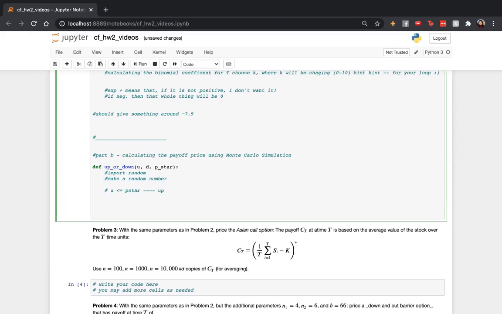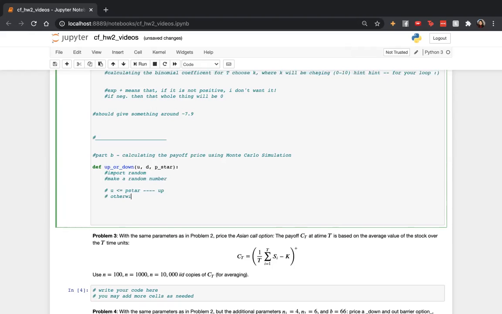There's a more in-depth explanation about this in the videos, and you should watch the videos, all of them, because I think they're very necessary for understanding this. But basically, if our U, which is our up value, is less than our P star, then we are going to go up.